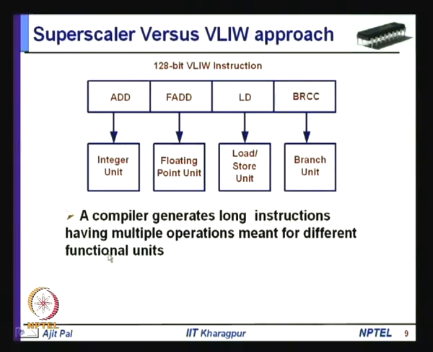That means a large part of the silicon real estate will be occupied by these power hungry components. As a consequence, we have seen the Pentium chip has reached the power dissipation level of 100 watts, which we have already observed. Now, what is the other alternative?